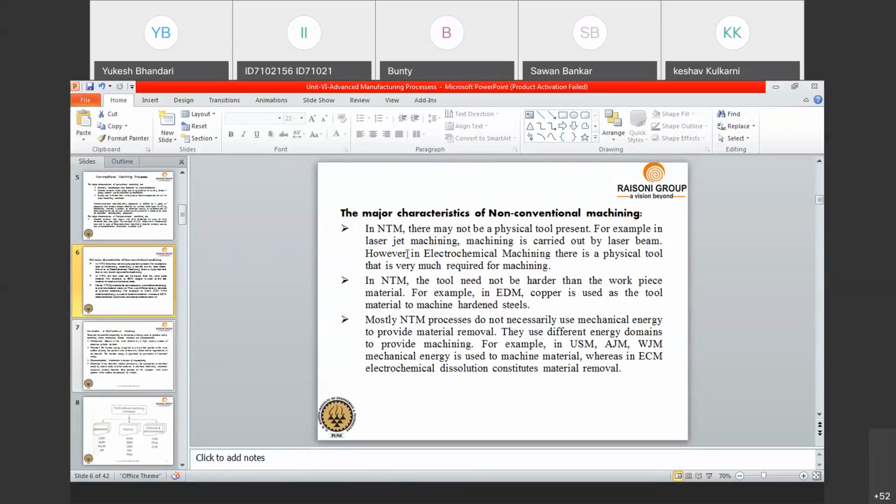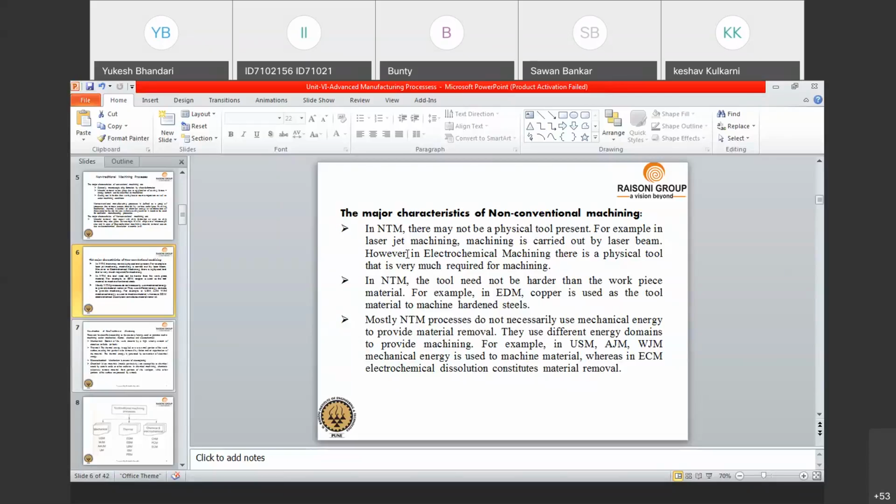Another major characteristic in NTM is that the tool need not be harder than the workpiece material, which is very much required in conventional machining but not in non-traditional machining. For example, in EDM, copper is used as the tool material to machine hardened steel.